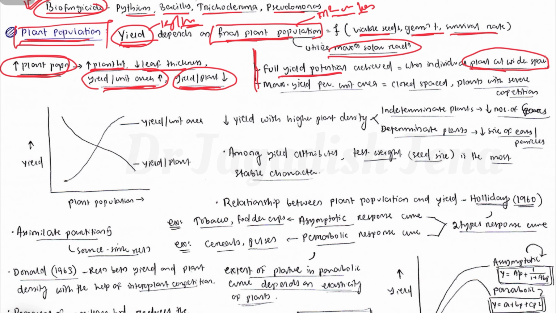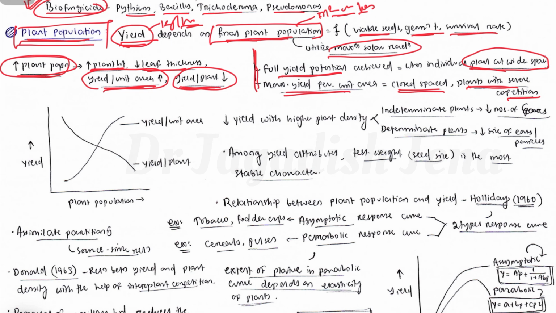So the individual plant can perform better. Next, if we want maximum yield per unit area, then closely spaced plants. We have to plant the species with close spacing. Then the plants face severe competition with each other, and that's why their per plant yield will be reduced. Okay, what we have already discussed.